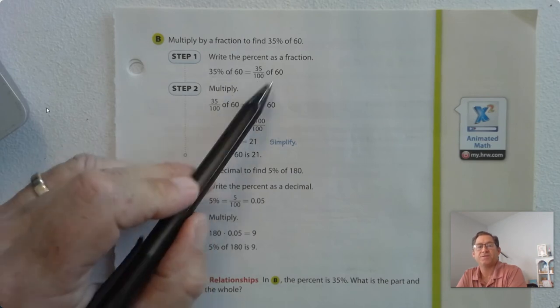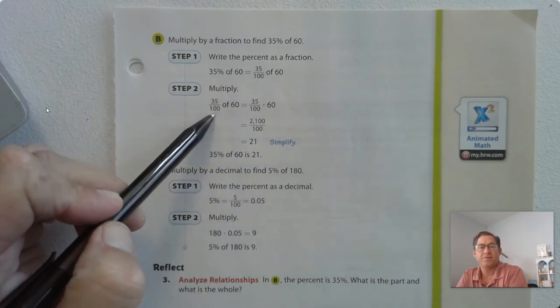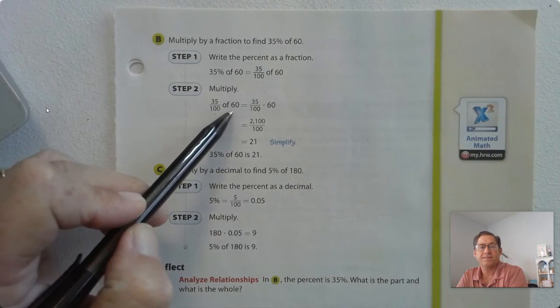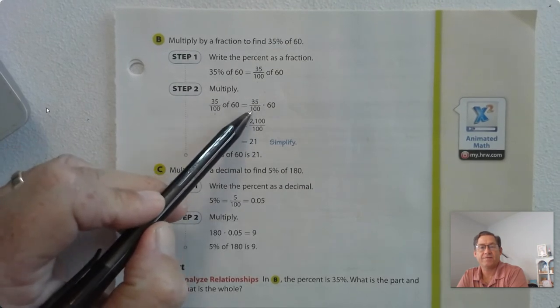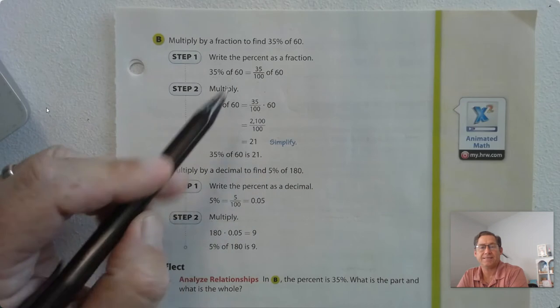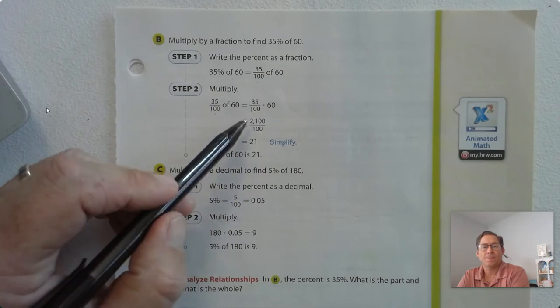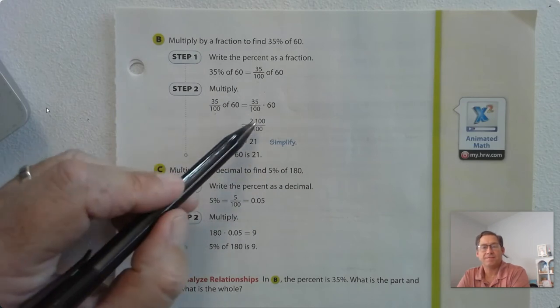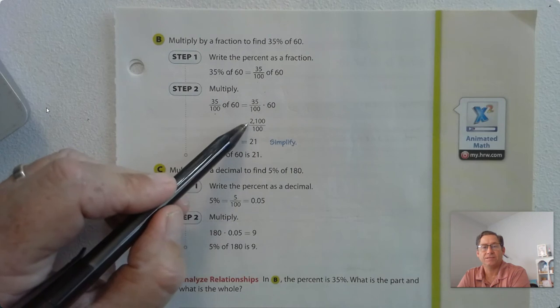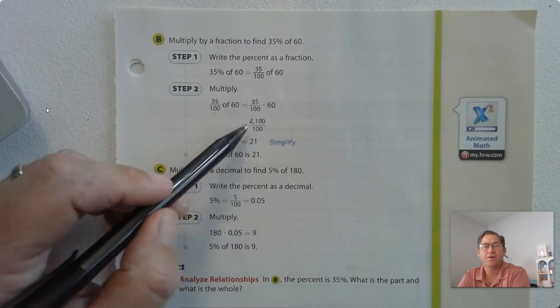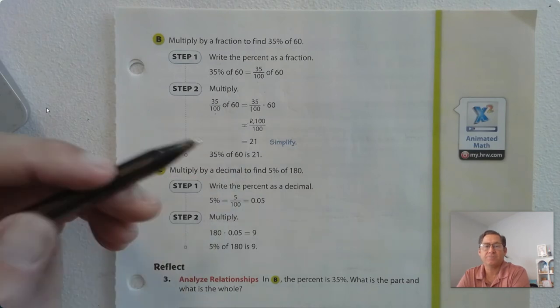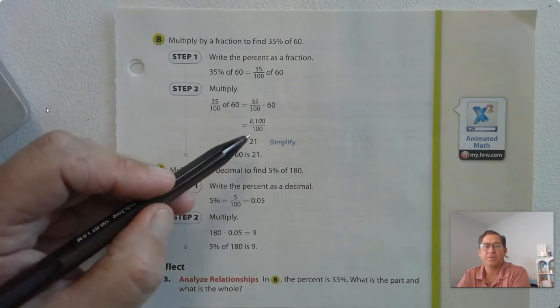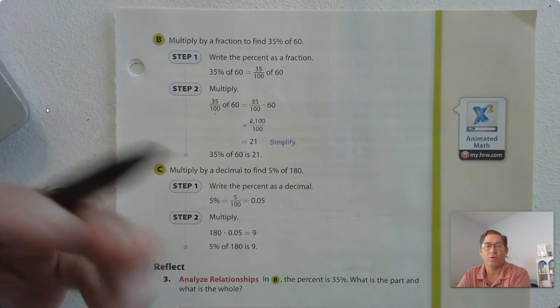So 35 hundredths of 60 is the same as saying 35 hundredths times 60. And so you could simplify. In this example, they didn't. They went ahead and just multiplied 60 times 35 and got 2,100 over 100, and then just simplify. So 2,100 divided by 100 would be 21.